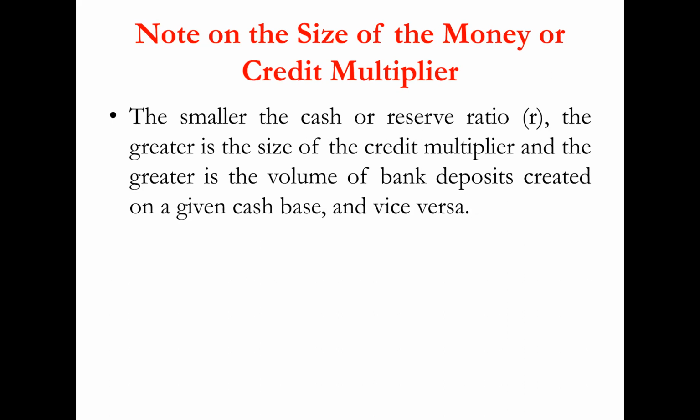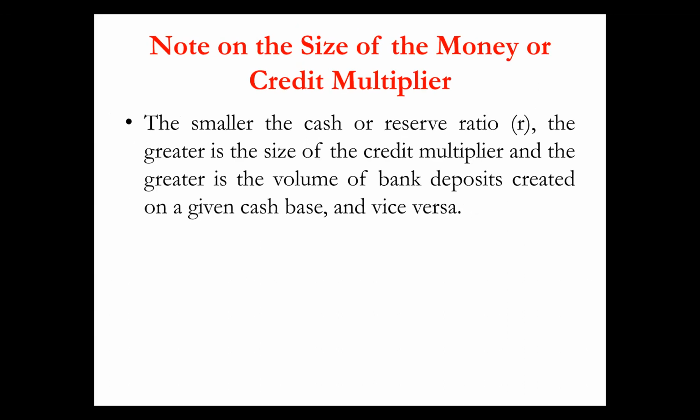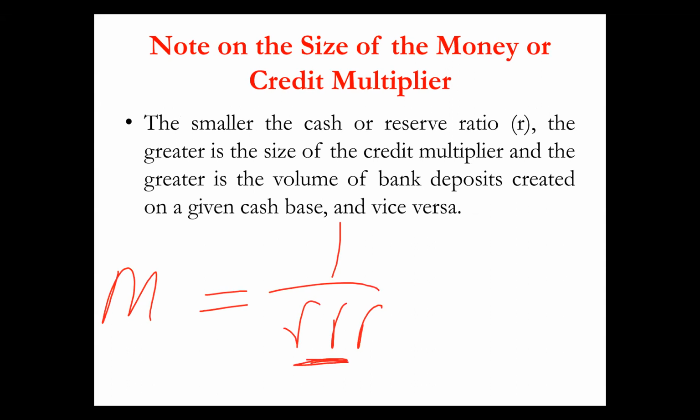Mathematically, we know that the multiplier is given as 1 over the required reserve ratio, right? If this reserve ratio, the R down here, is small, this number will increase. But as the denominator increases, what will happen to the output? The output decreases, isn't it?